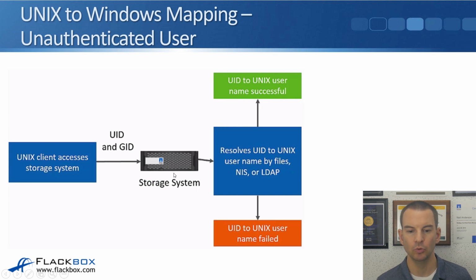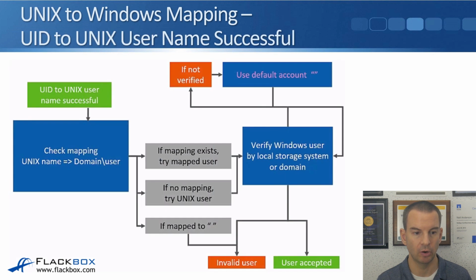That comes into the storage system, and then based on how the authentication is configured, the system is going to resolve the UID to the Unix username, either by files, meaning local users, by an external NIS server, or an external LDAP server. And that UID to Unix username is either going to be successful or it is going to fail, depending on whether they sent valid credentials or not.